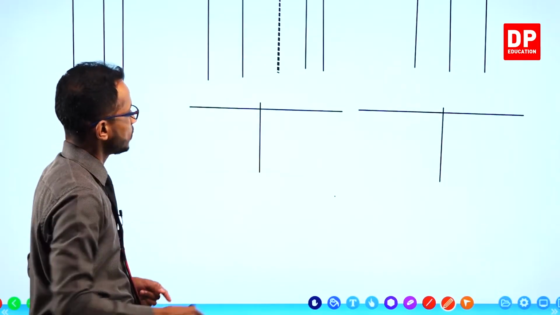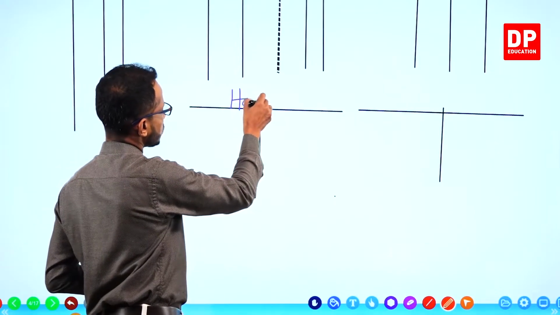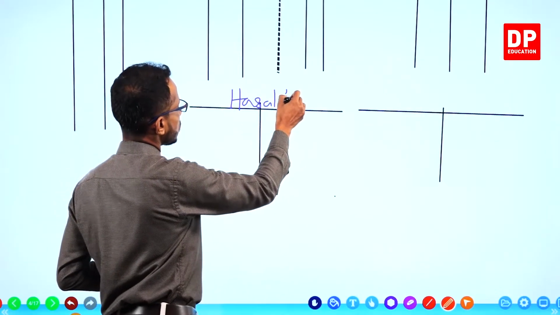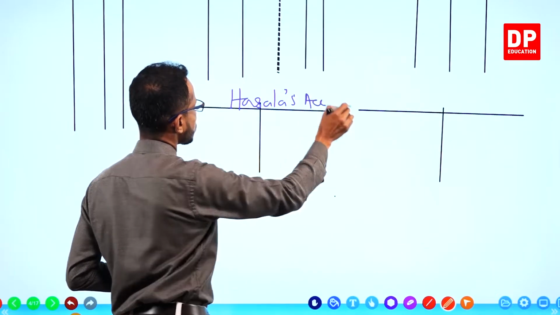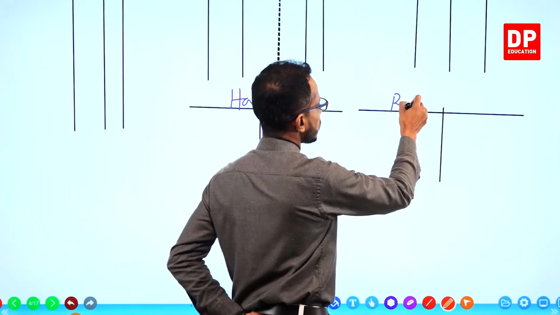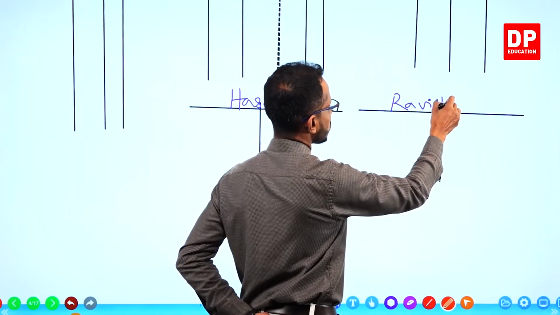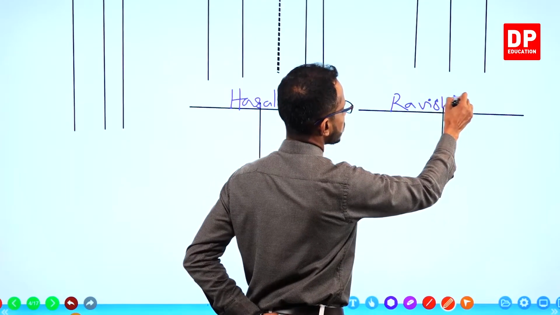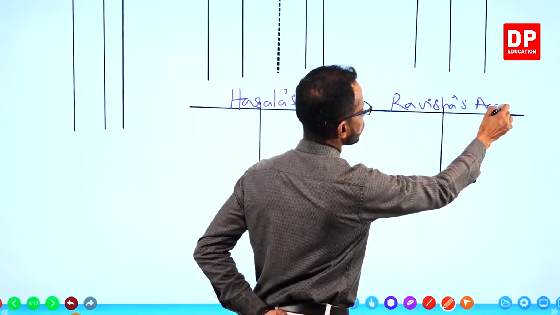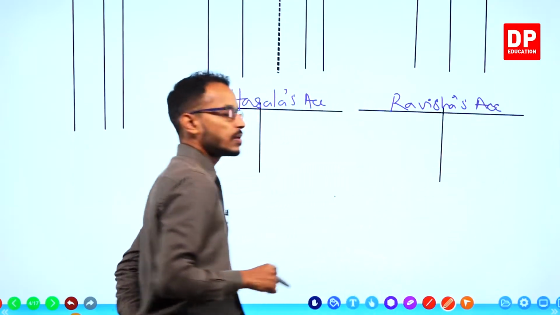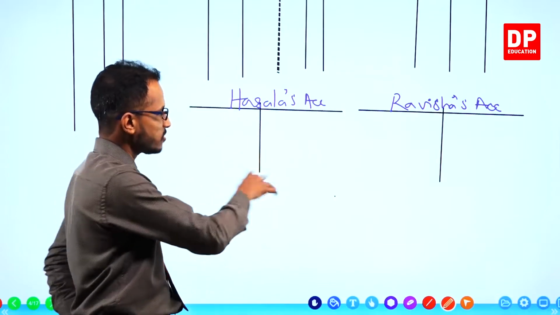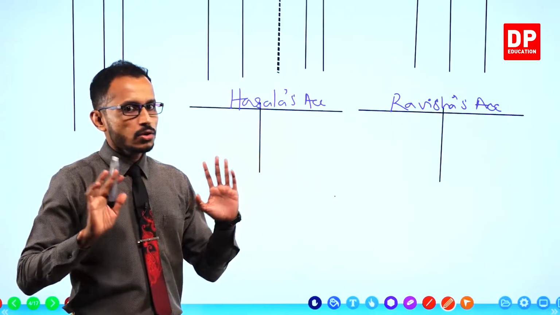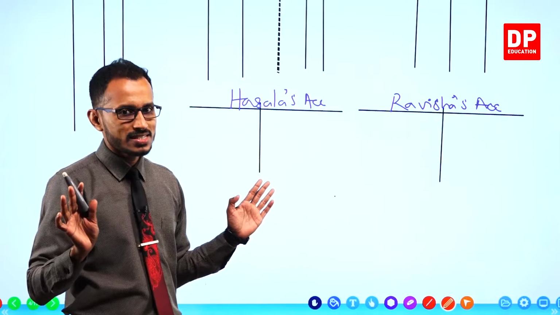Let's name the accounts. Hassel's account, Ravisha's account. Just T formats are not acceptable in your exams.